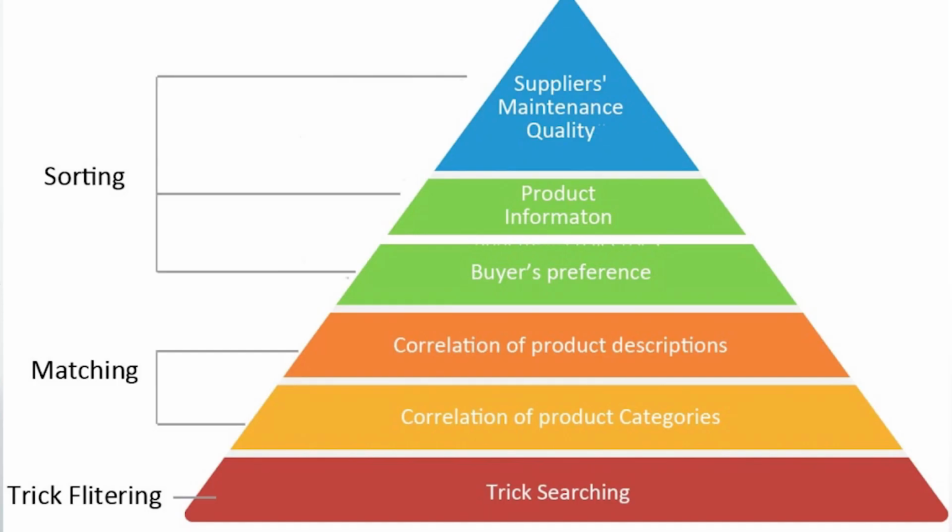Let's look at the Alibaba.com algorithm, and you'll find out that the main reason why the supplier is going to be on the first page versus the second or third or eighth page is just because they are maintaining the listings that they have.